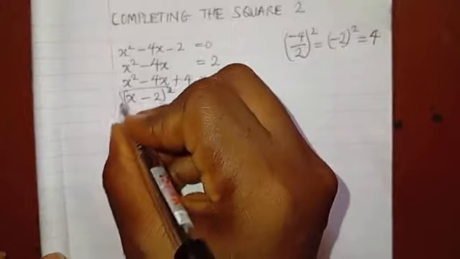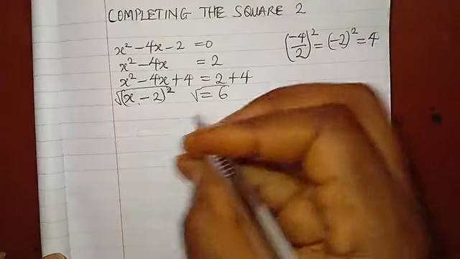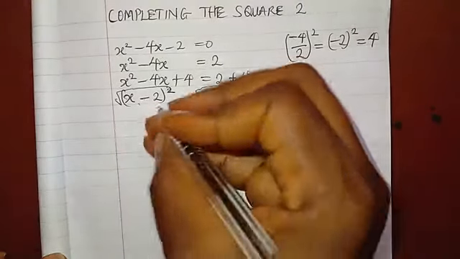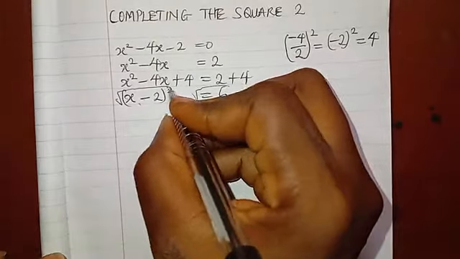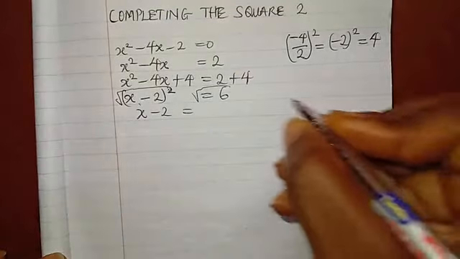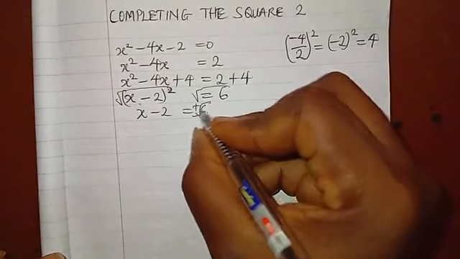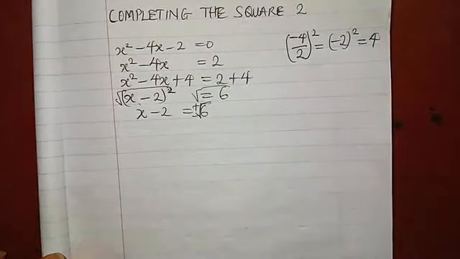We're going to get the square root of both sides. When we get the square root of both sides, the square cancels the square root. x minus 2 is equal to plus or minus root 6.